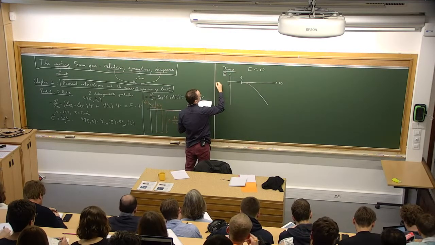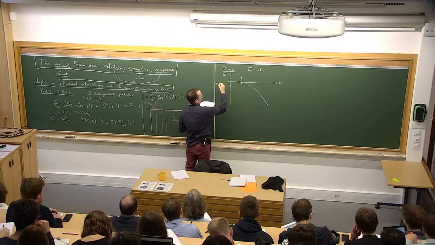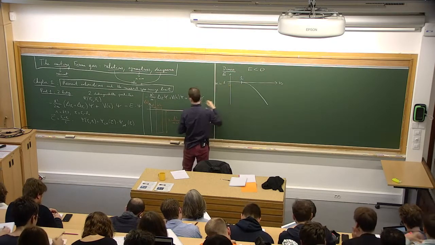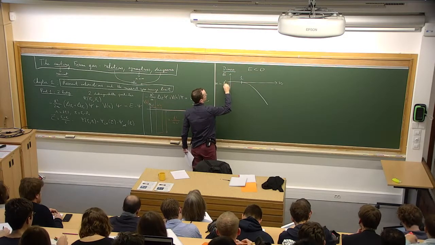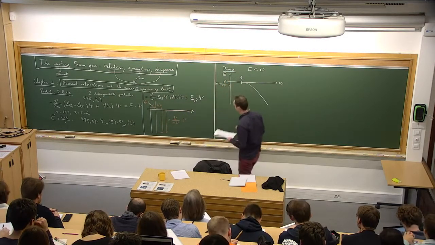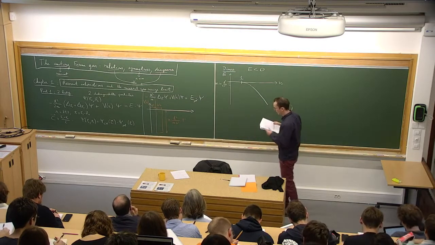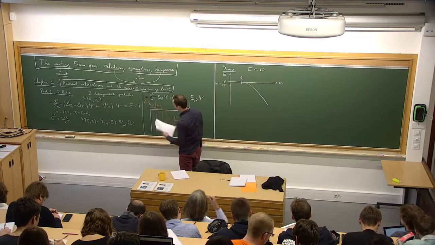Weakly bound in the sense that the binding energy is small compared to the depth of the potential, which is on the order of h bar squared over mb squared. So that's a weakly bound dimer, and correspondingly the size of this dimer is much bigger than the range B.